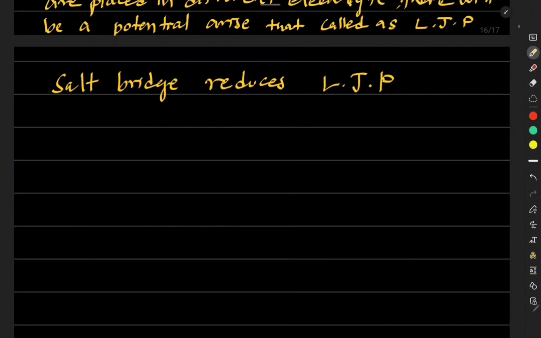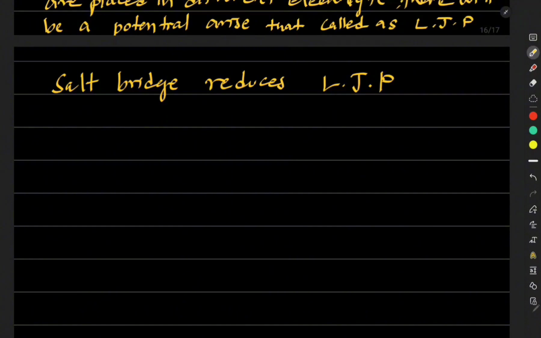There are some important points when writing the cell notation. First, interfaces should be separated by a vertical line. Always the oxidization half reaction should be written on the left-hand side, and the electrode with the reduction half reaction should be written on the right-hand side.